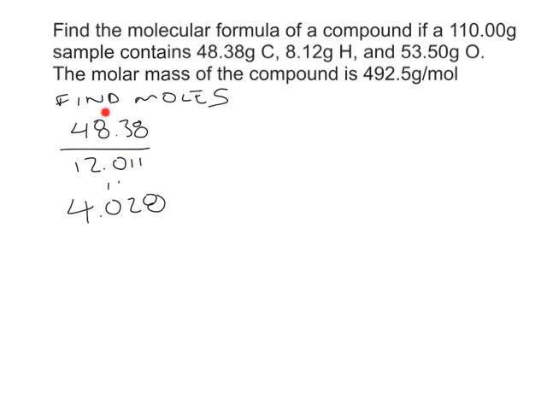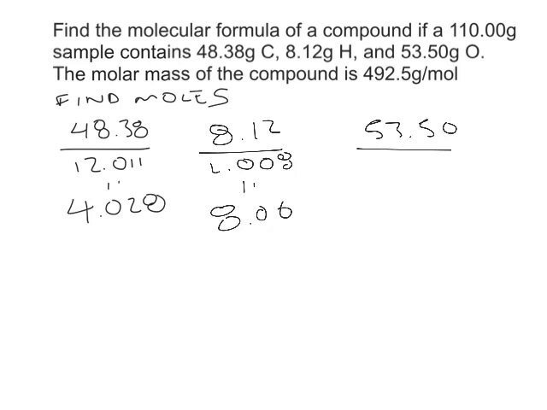So I've got the luxury of 4 sig figs, at least for the carbon and oxygen numbers, not for the hydrogen. 8.12 divided by 1.008 gives me 8.06. And 53.50 divided by 15.999 gets me 3.344. So there are my moles.